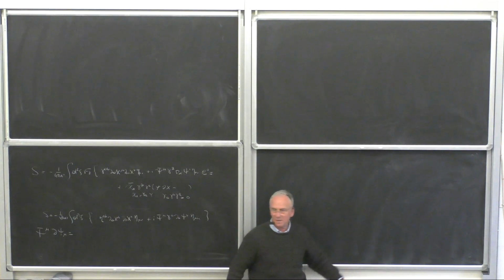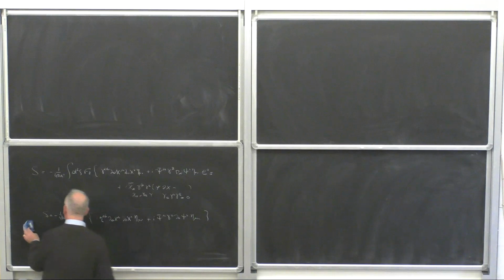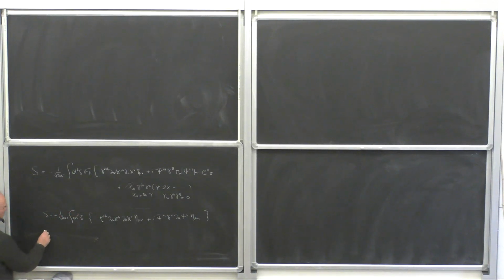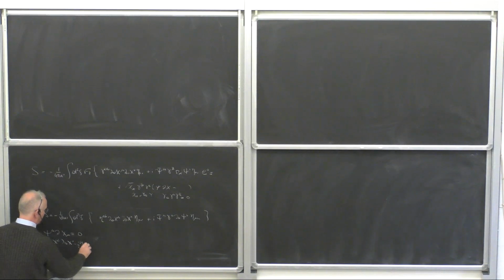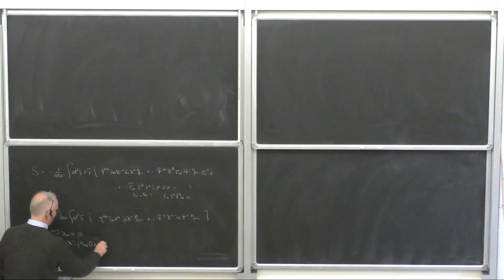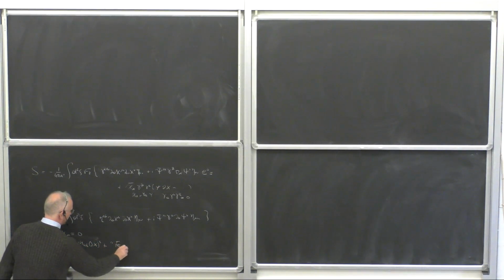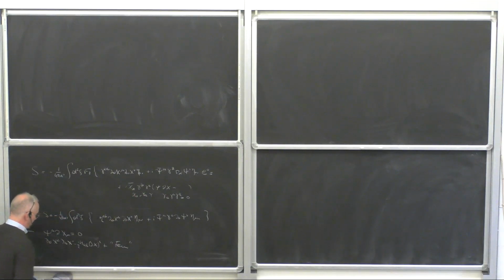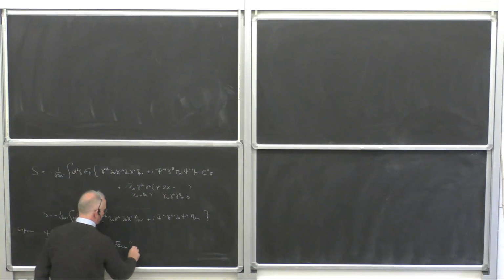I wrote something incoherently. So the gravitino is psi mu dx mu. So this is the supercurrent. And then you have this energy momentum tensor, which is dA x mu dB x nu minus 1/2 eta AB dx squared plus a similar fermionic contribution coming from the kinetic term. This should also be 0.